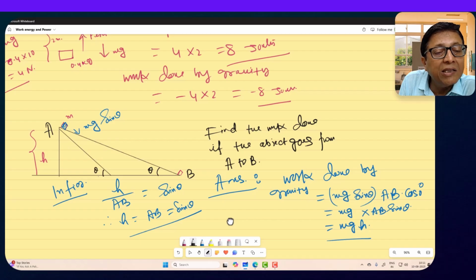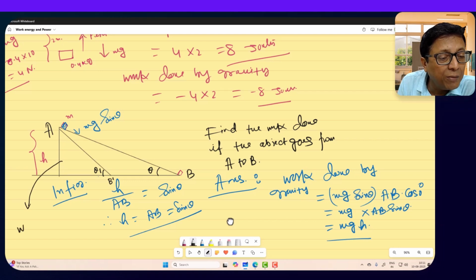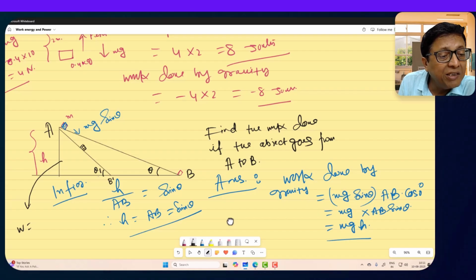This angle is theta 1. Obviously this point is something like AB dashed. In this case work done will be what? Here if you calculate work done, W will be in the same manner. The force acting down the incline is mg sin theta 1.